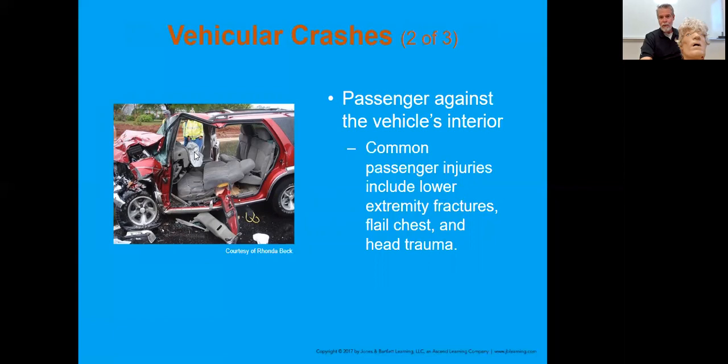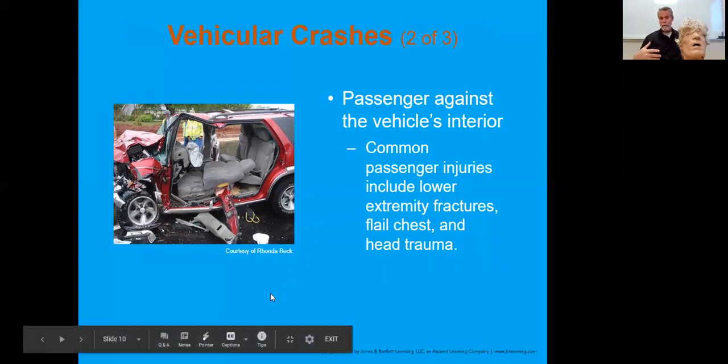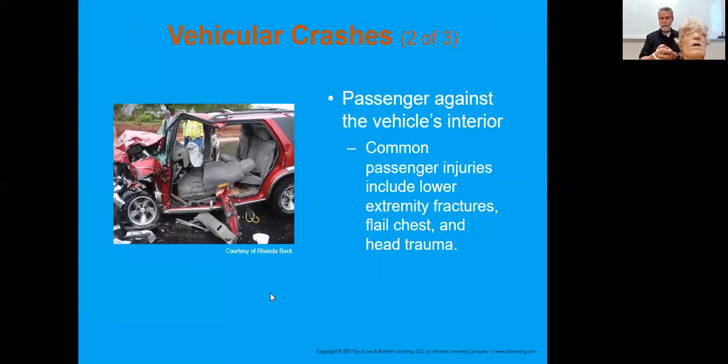With those common passenger injuries to the lower extremity, the legs could be crushed or caught underneath the gas pedal. There are flail chest segments because you're not very well protected on your side. If you get hit at the chest, you've got that sternum and there's more protection, but if someone's hit from the lateral aspect, on the side of their body, that can lead to a flail chest segment: two or more ribs broken in two or more places.